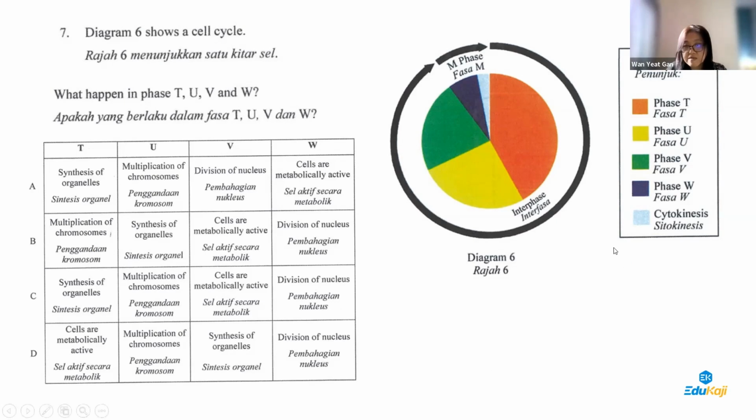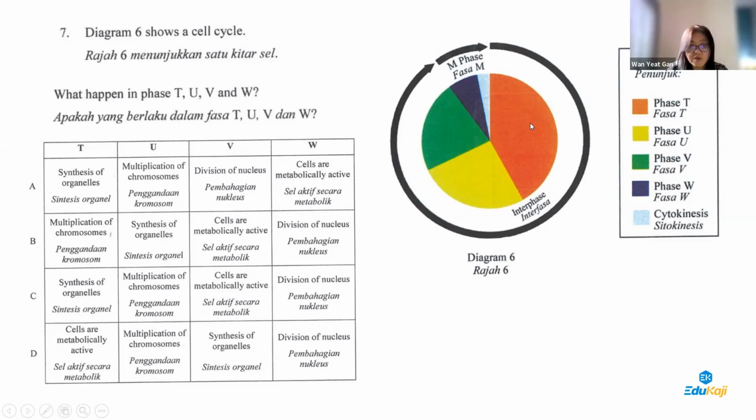Orange color is T, followed by U, green is V, and W is dark blue in color, and the light blue in color is cytokinesis. So the phases are G1, S, G2, and mitosis, and then cytokinesis.